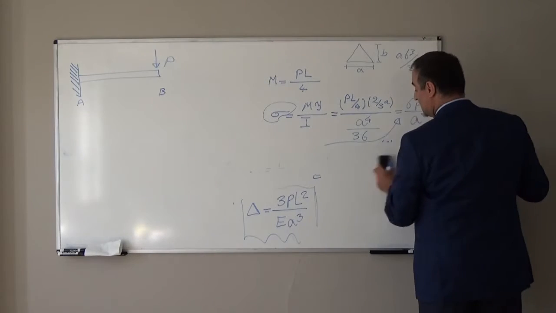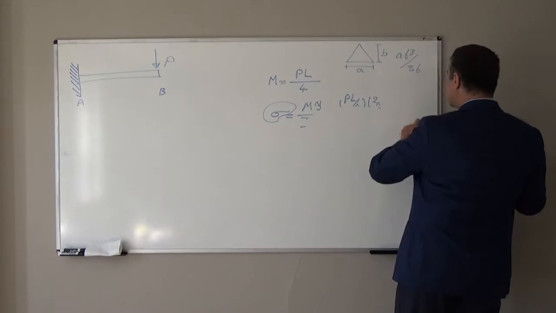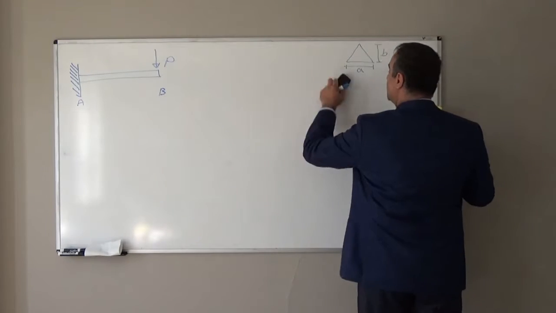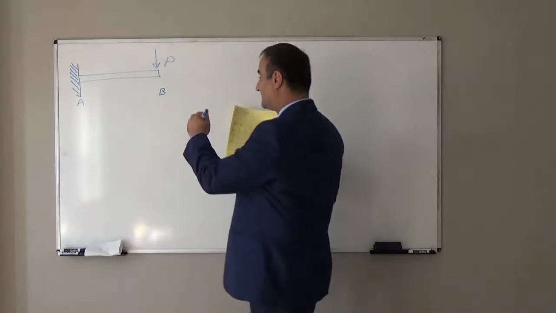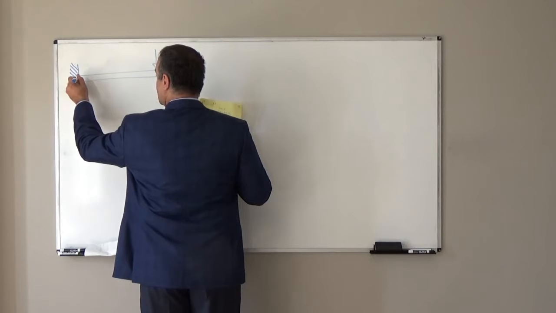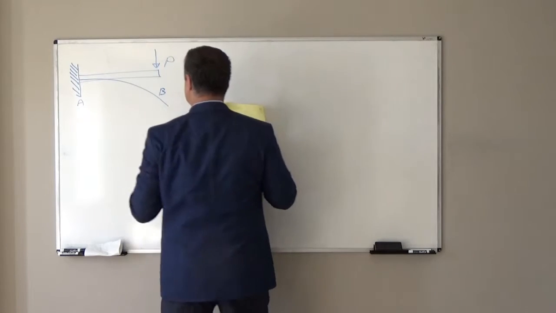The problem statement asks to find the maximum deflection at the free end. So we will have maximum deformation or deflection at the free end, and slope at the free end. This beam will deform something like this.